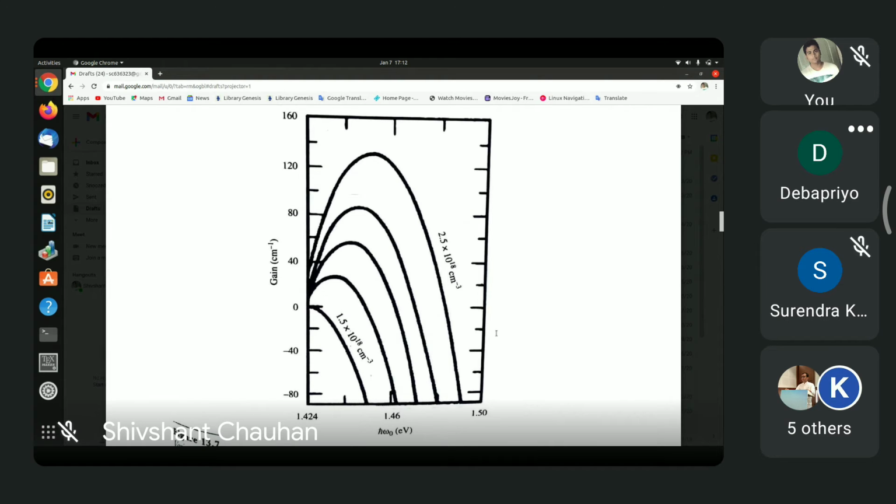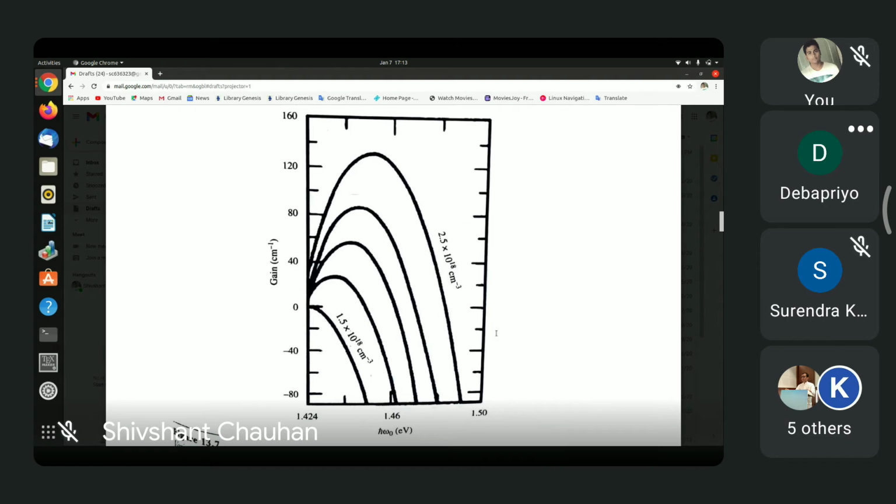Okay. So to produce lasing action, we know that stimulated emission has to dominate over absorption, and therefore what you require is a high concentration of conduction band electrons within the active layer. So how can you produce a high concentration of electrons?